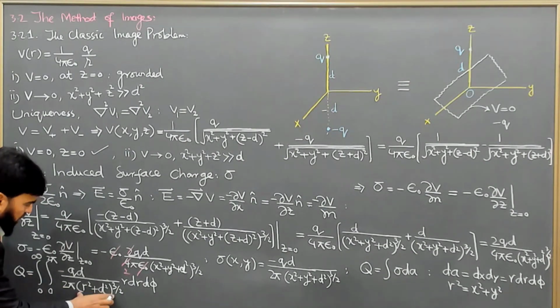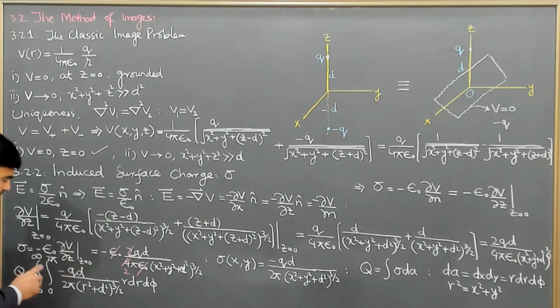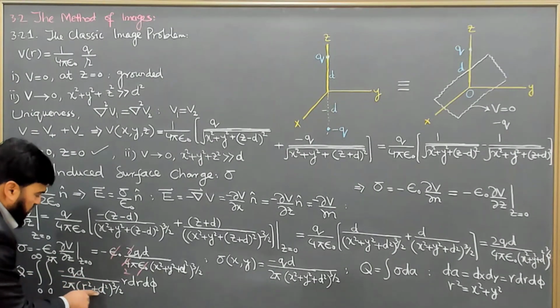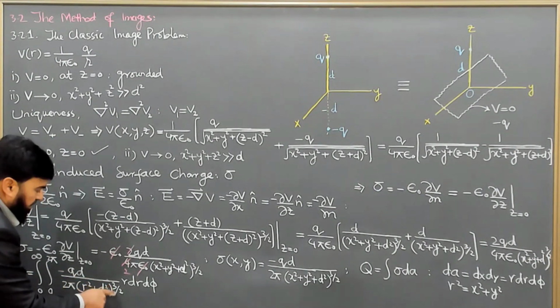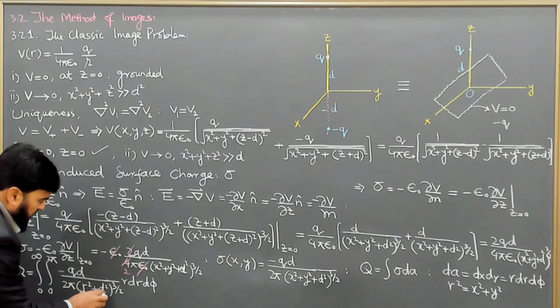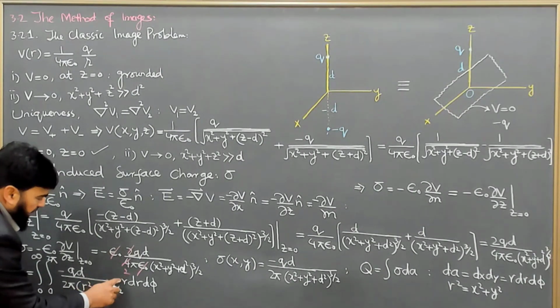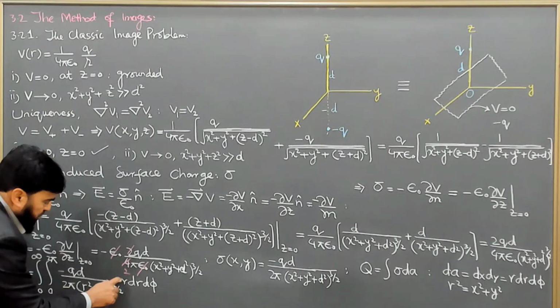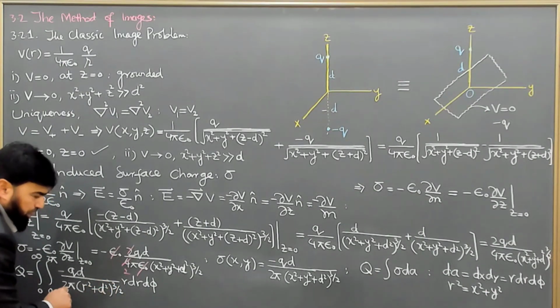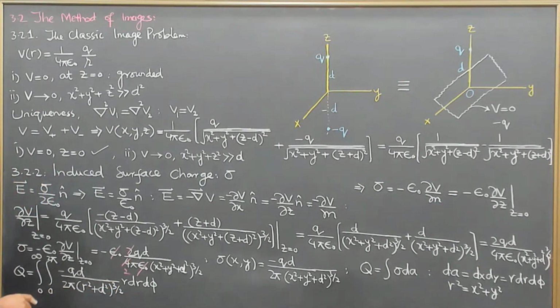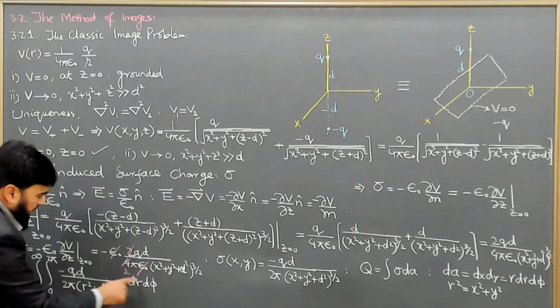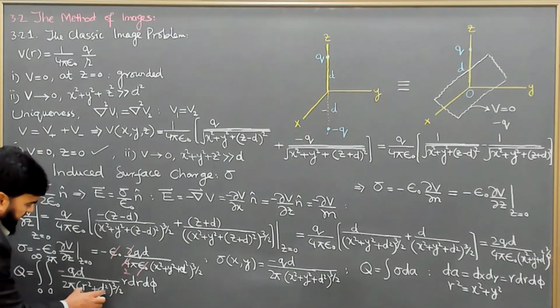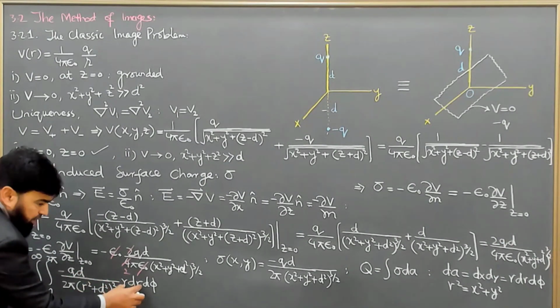When this goes up, we will have r square plus d square to the power minus 3 over 2. And here the derivative of this one is 2r. So if I multiply by 2 here and divide by 2 here, it will become 2r dr, and it is the derivative of the thing in front of it.